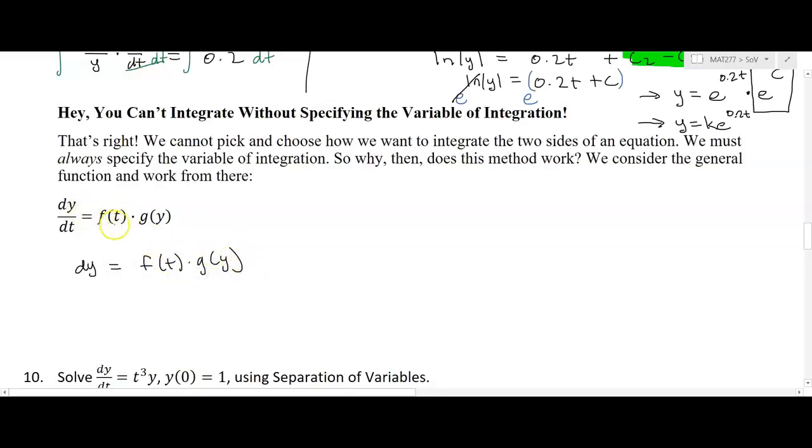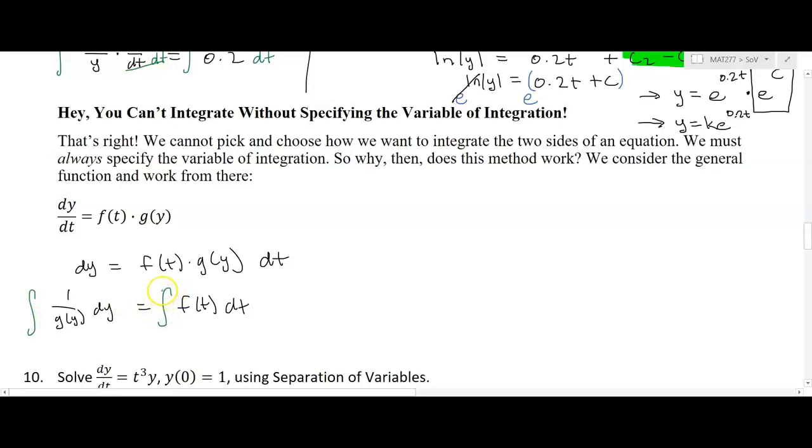I think we've called this g of t and h of y, but the notation is not that critical. And they multiply the dt over here, and then divide the function of y to the other side, like this, and make this f of t dt.